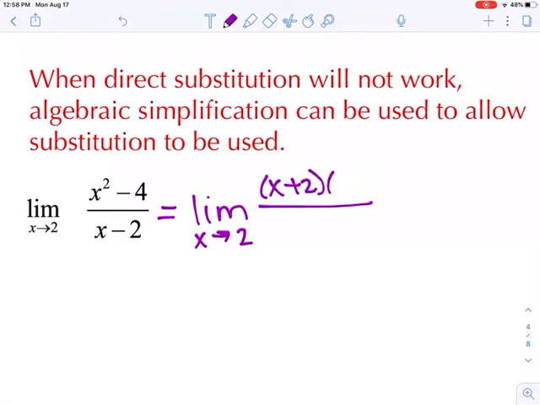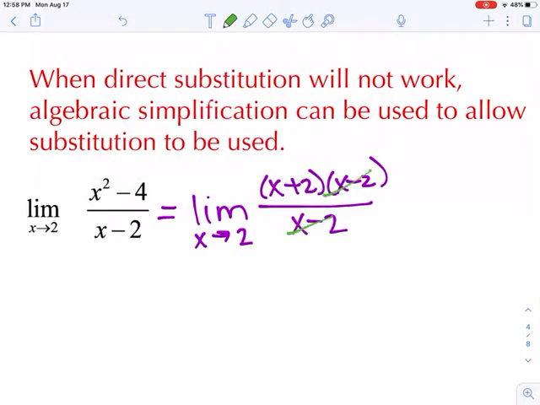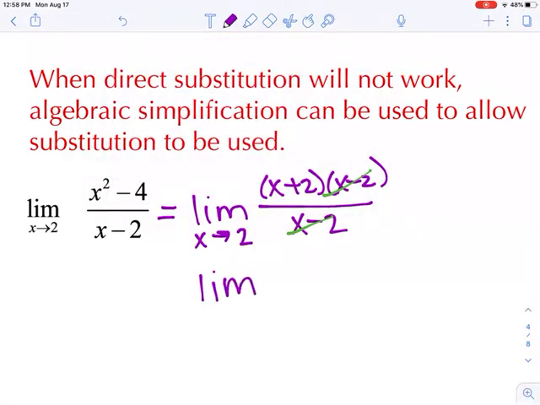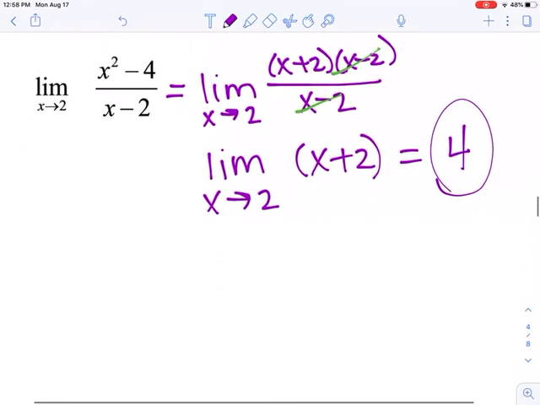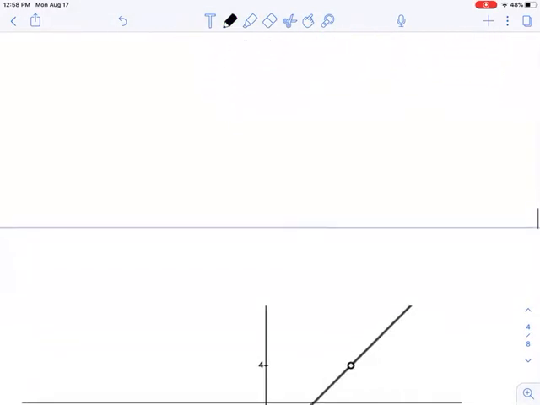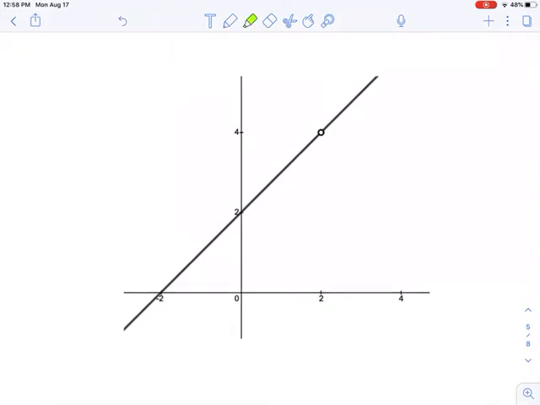So our numerator is x plus 2 times x minus 2, which can cancel out with our denominator. So now we have the limit as x approaches 2 of x plus 2, which we can evaluate to be 4. What's happening there is we have this graph right here.